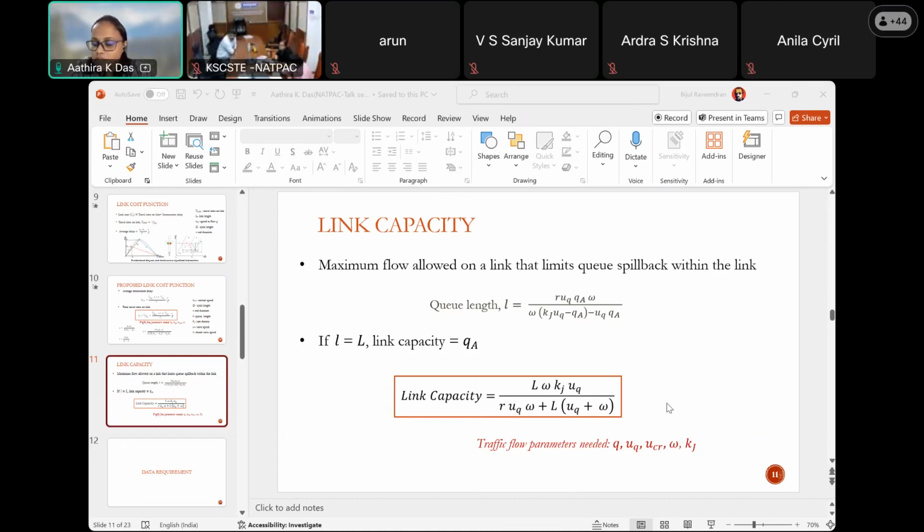Thank you very much. I would like to thank NATPAC, Director Dr. Samson Matthew, also Mr. Vasudevan and Mr. Ashik, who coordinated with me and gave this opportunity. I have been honored to present one of my works through NATPAC.